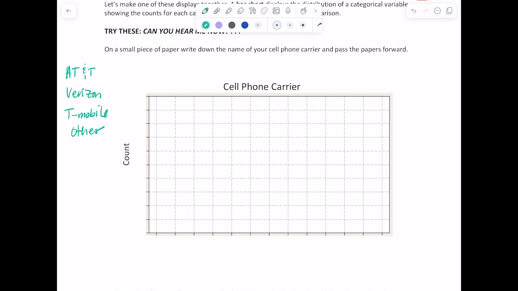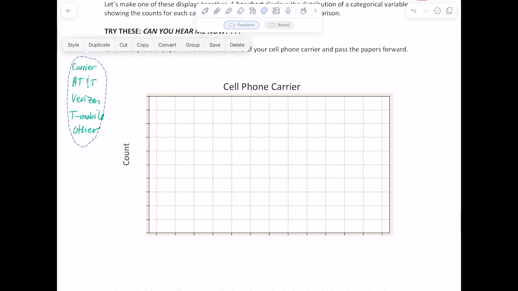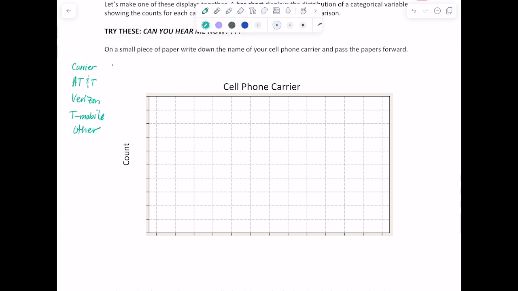This is the carrier, and then we've got our counts. I'm making a little frequency table here, which is very easy to make. Let's pretend we had 5 people that had AT&T, 4 people that had Verizon, 1 person that has T-Mobile, and maybe 3 that have other.